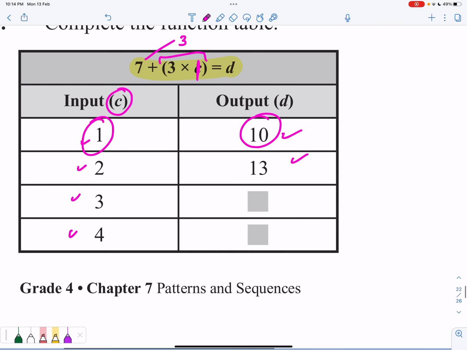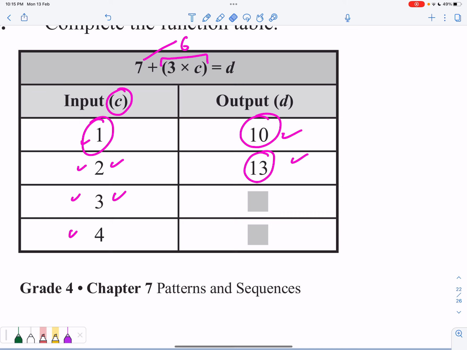So each time we just take the value of the input, we put it in the equation and we calculate it. The next time he put here 2. So 3 multiplied by 2 equals 6. Then 6 plus 7 is equal, of course, to 13. So this is what we're doing.